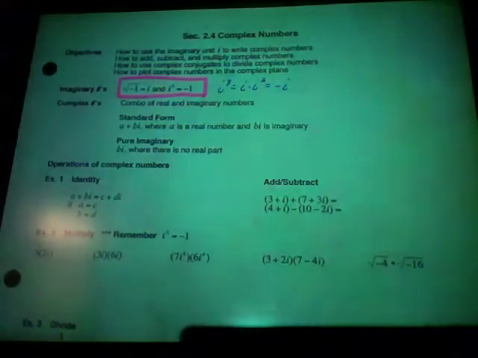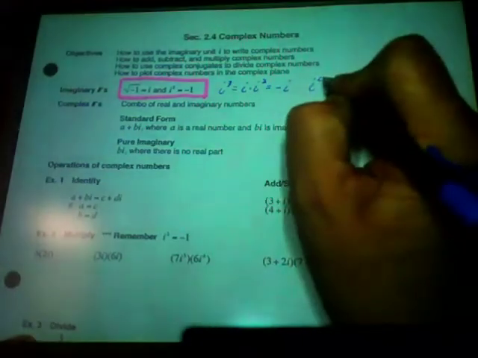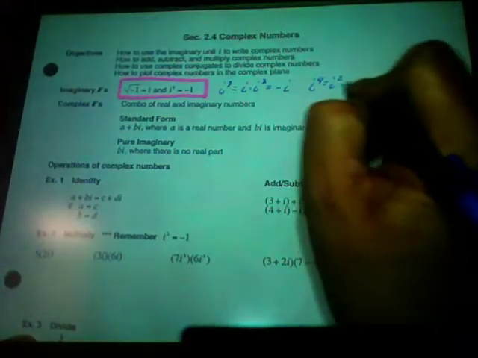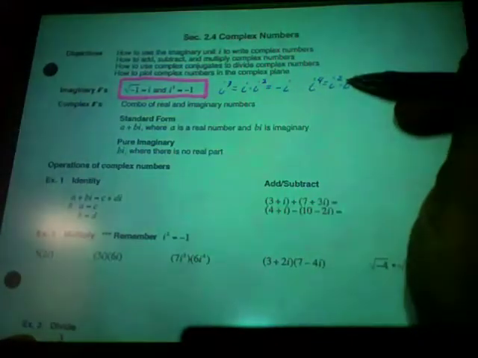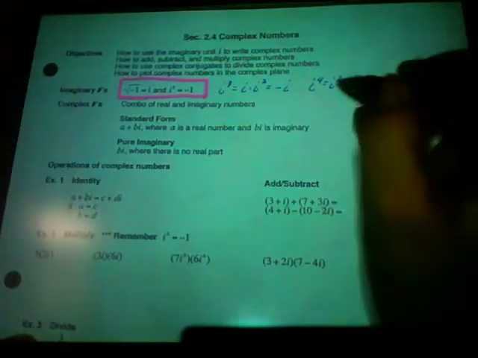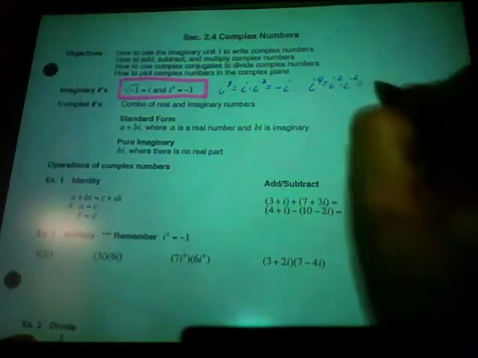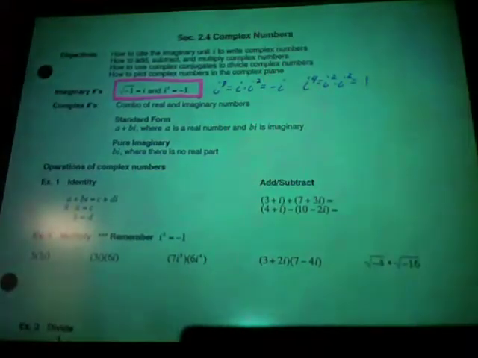And then i to the 4th, I'll do one more. i to the 4th would best be multiplied as i squared times i squared. So what's i squared represent? -1. So what's a -1 times a -1? 1. So i to the 4th is 1. And then it starts to repeat from there. So couldn't I take i to the 4th and multiply it by i?